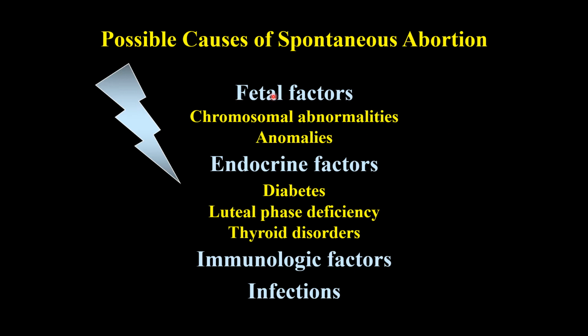So we can have fetal factors, which are chromosomal abnormalities and anomalies, endocrine factors, which are diabetes, luteal phase deficiency, thyroid disorders. Then we can have immunological factors and infections.